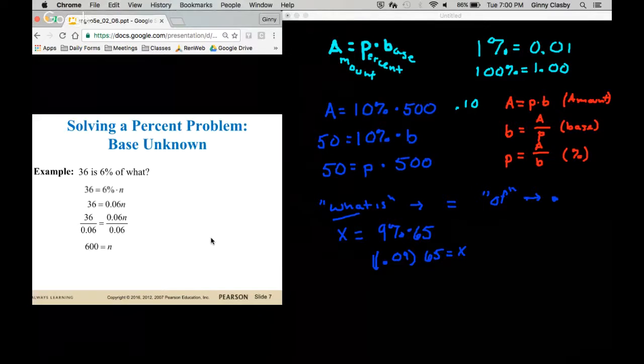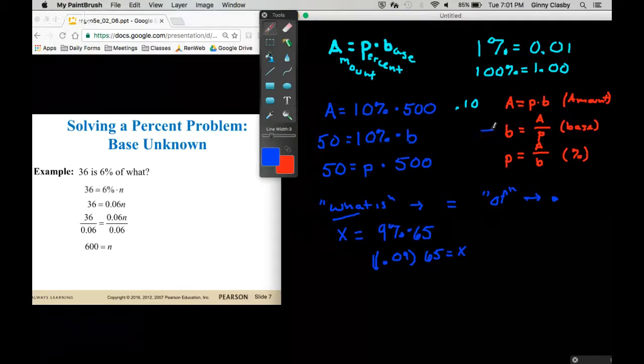Okay, another example. 36 is 6% of what? So what you have in this case is you're given your amount, because 36 is 6% of what? You see the pattern here? You have your number is, or in that first example, what, that's your x, is 6% of what? So you're looking for your base.